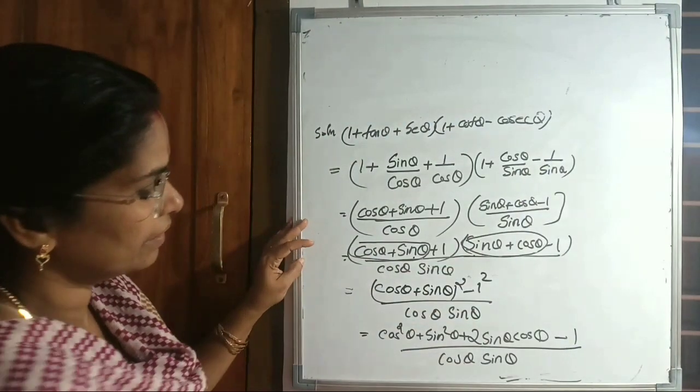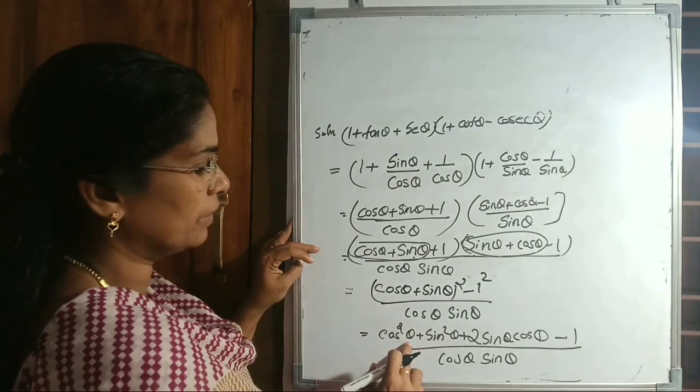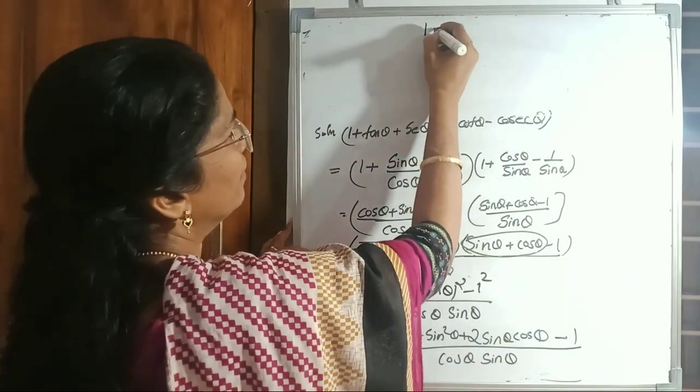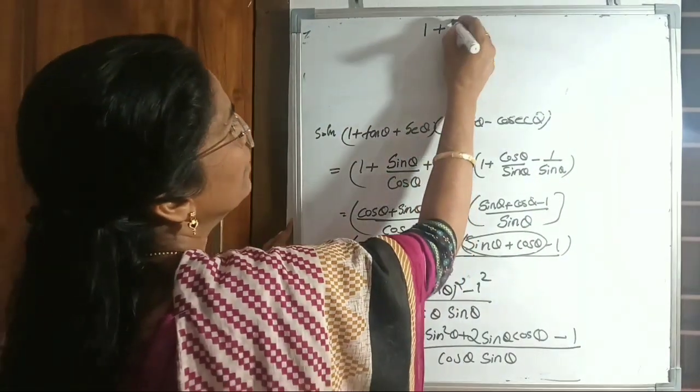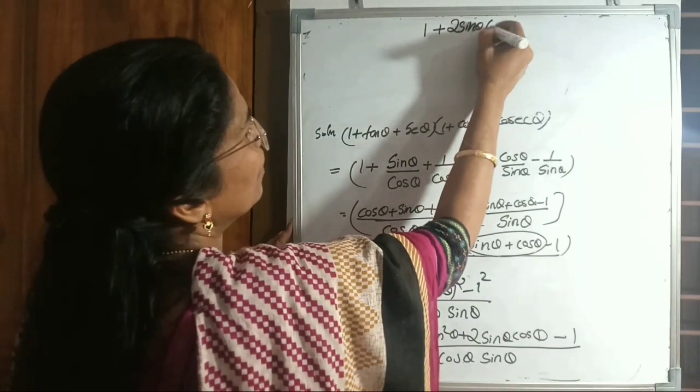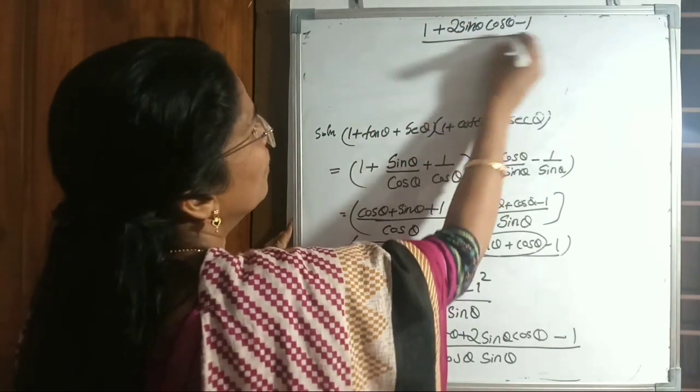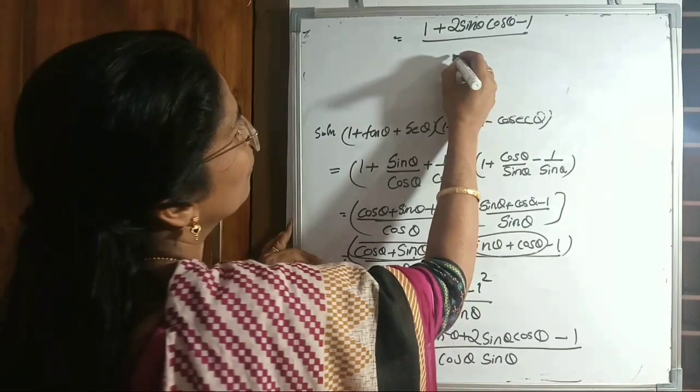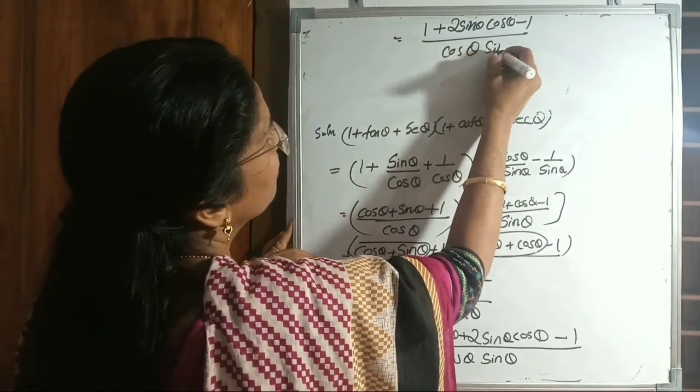As we know, the identity cos square theta plus sin square theta is 1. So 1 plus 2 sin theta cos theta minus 1, whole divided by cos theta sin theta.